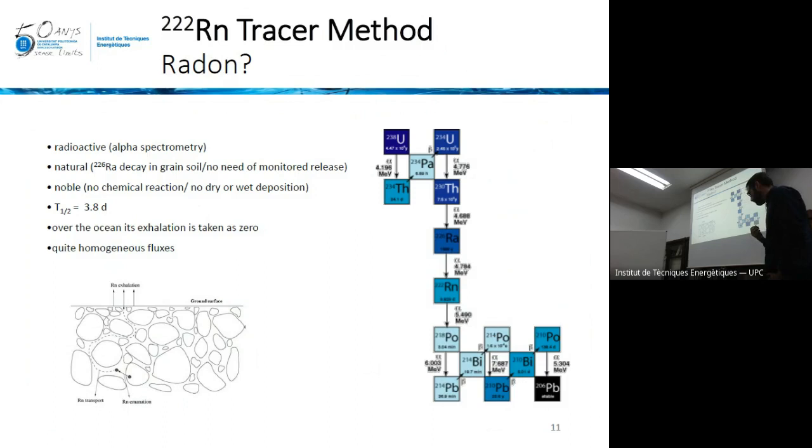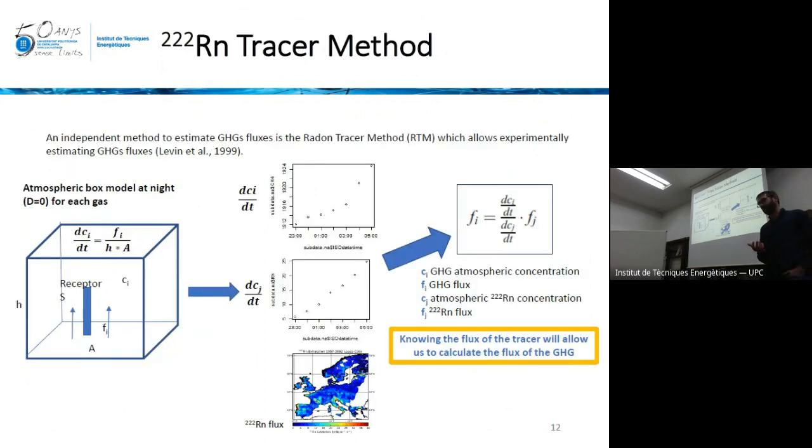make it a good proxy for other gases. Radon has been used, for example, in studies of the boundary layer, as, given a regular emission, we can know how the air is mixed or not well mixed in this boundary layer.